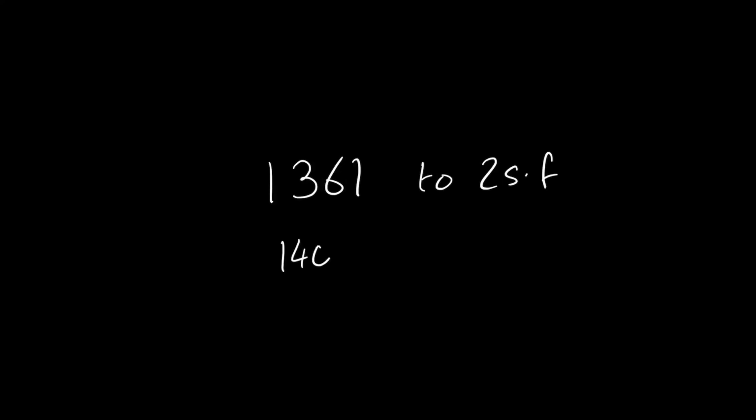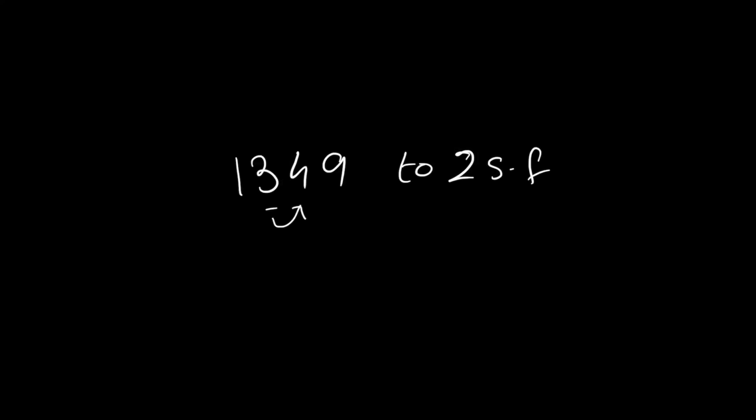1400. For the first case we took, which was 1361 to 2SF, when we round it up to 1400, this shows that 1361 is closer to 1400 rather than 1300. And 1350 is midway between 1400 and 1300, but in this case, we still have to round up because the digit after this is equal to 5.